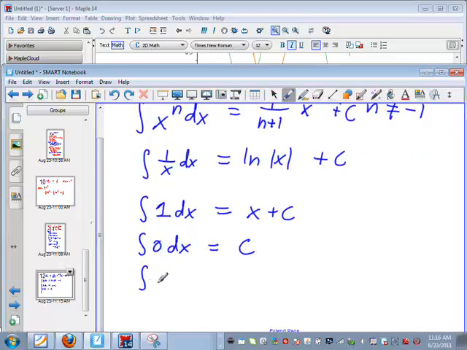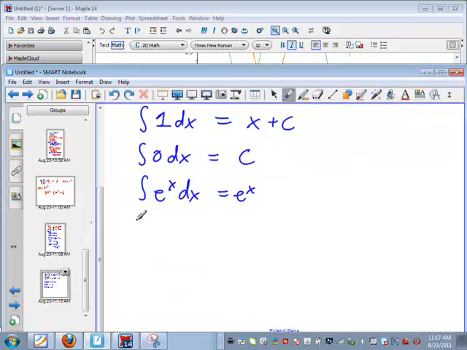The antiderivative of e to the x is e to the x for sure. So now all I want you to do is go through and finish all of these, right? And so the antiderivative of secant squared x dx is tangent. The first question I asked in this class was, what's the derivative of tangent? And then half a person said secant squared. Right.